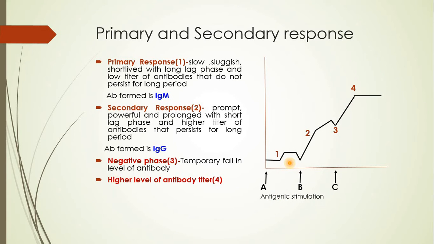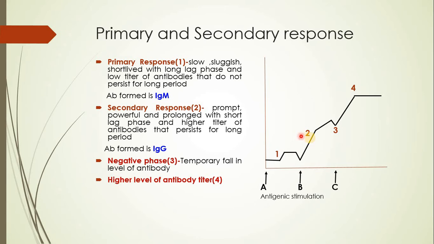Then, secondly, when this primary response is noted, the antibody formed is always IgM type. That is, immunoglobulin M type of antibodies are generated, right?